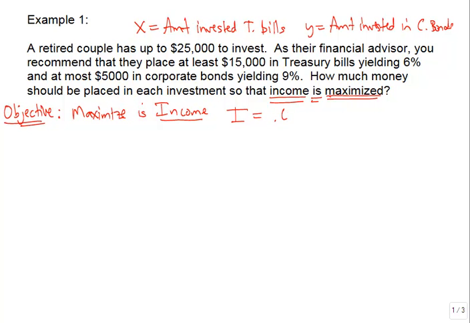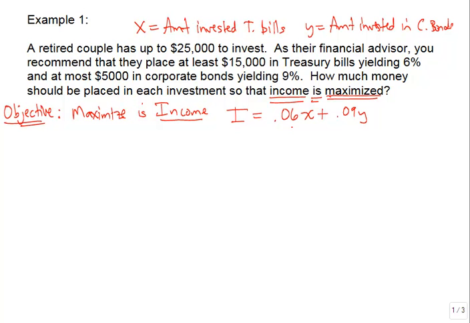So that would be 0.06 times X. To figure out the income earned from just the corporate bonds, you would take its interest rate, which is 9% or 0.09, times how much you invested in those bonds, which is our Y. So that would be 0.09y. And the two together give you your total income. So that's how we come up with our income formula. Notice that it's dependent on two variables, X and Y. This is called your objective. It's whatever you want to maximize or minimize.